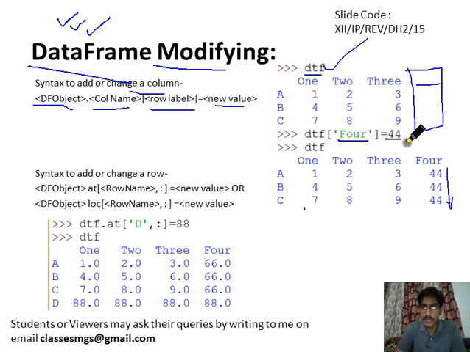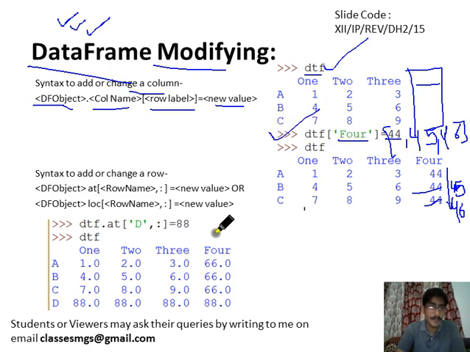If you want to add different values like 44, 45, 46, then you need to pass a list like this. Then instead of 44, the value will become 45, and instead of this 44, the value will become 46. So both ways it will work.